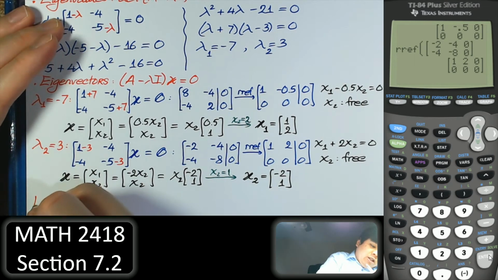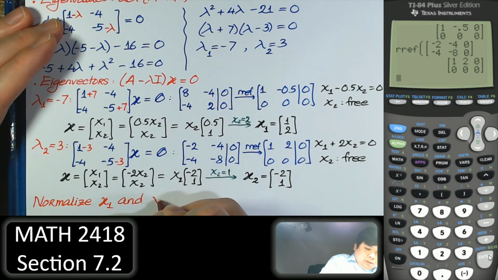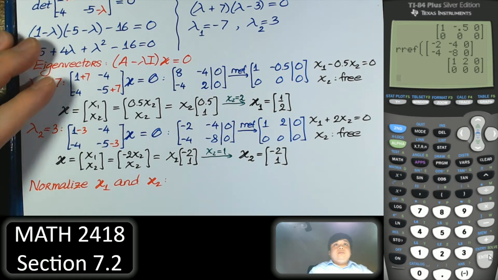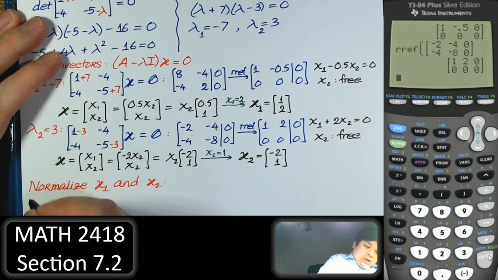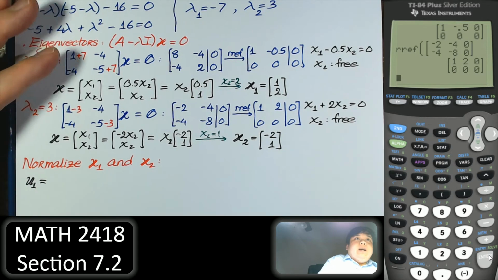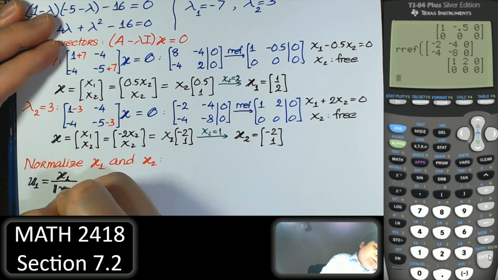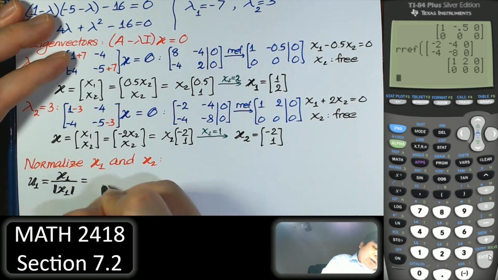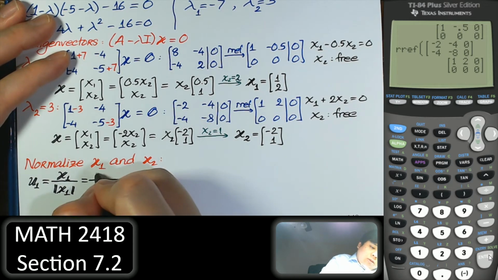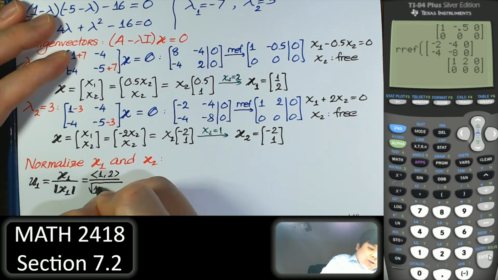Next, we just normalize the vectors. So u1 is x1 over the norm of x1, which is 1, 2 over the square root of 1 squared plus 2 squared.